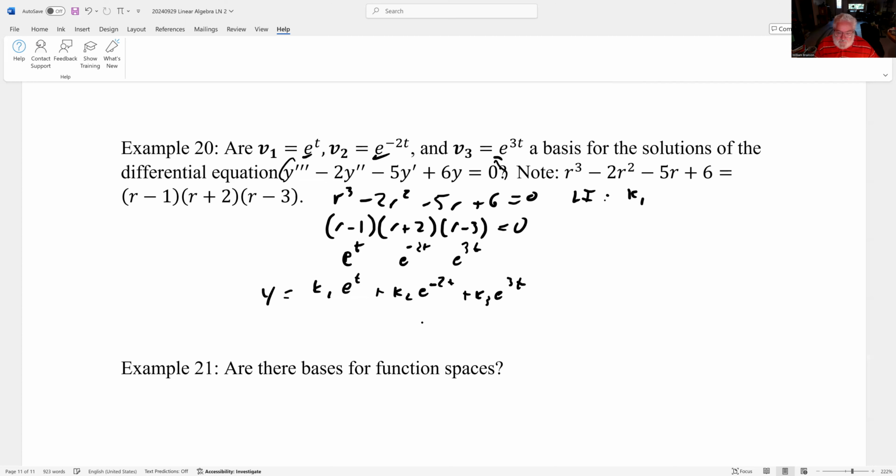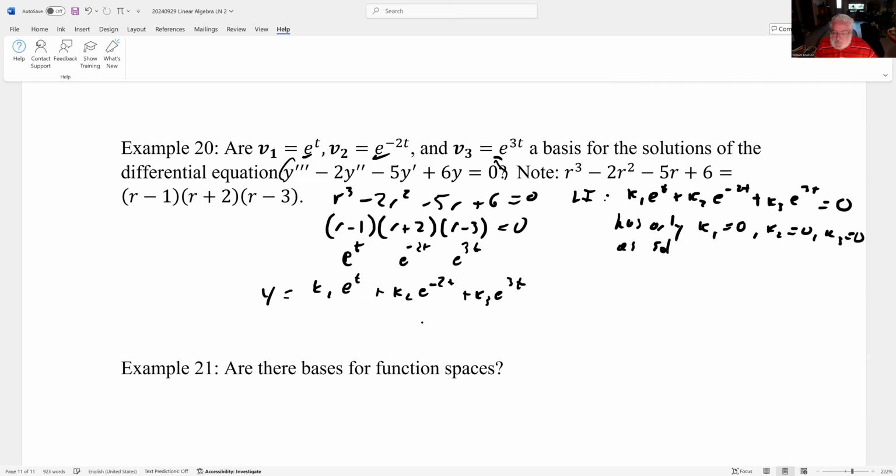Linearly independent means that we want to know if this equation equals 0 has only the solution k1 equals 0, k2 equals 0, k3 equals 0.